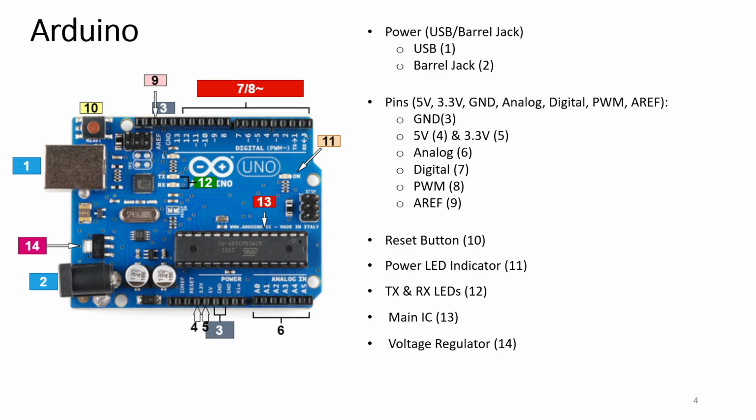The voltage regulator does exactly what it says. It controls the amount of voltage that is let into the Arduino board. Think of it as a kind of gatekeeper. It will turn away any extra voltage that might harm the circuit. Of course, it has a limit, so don't hook up your Arduino to anything greater than 20 volts.